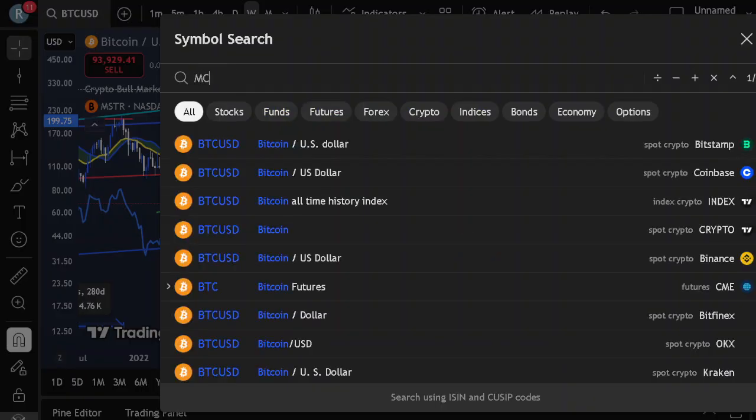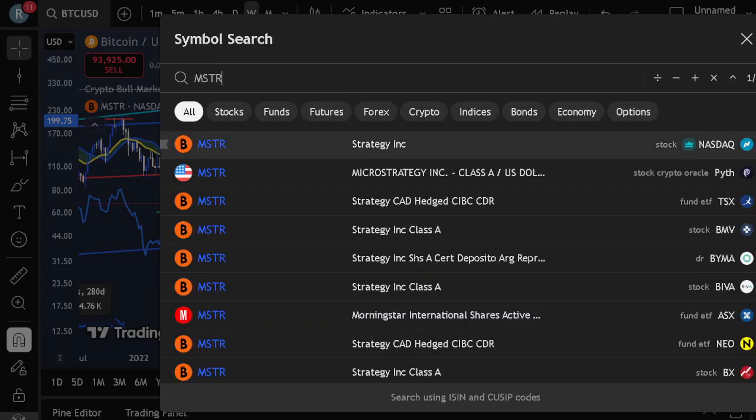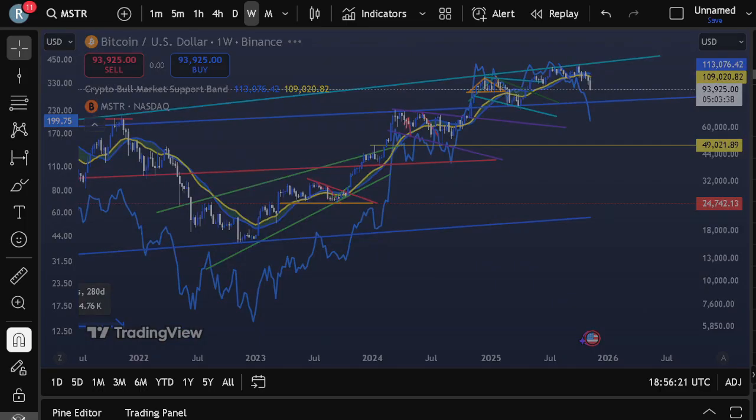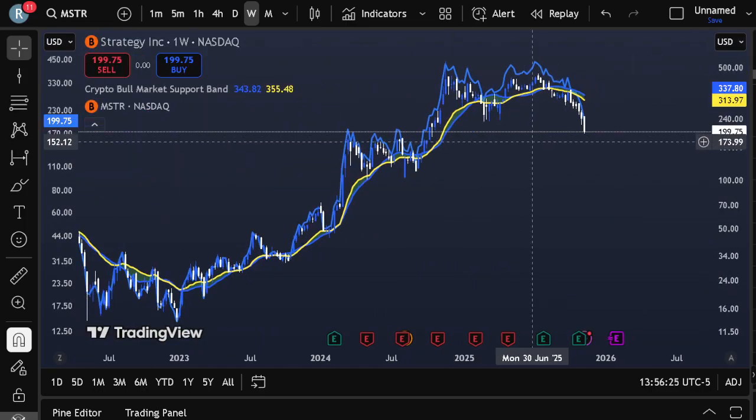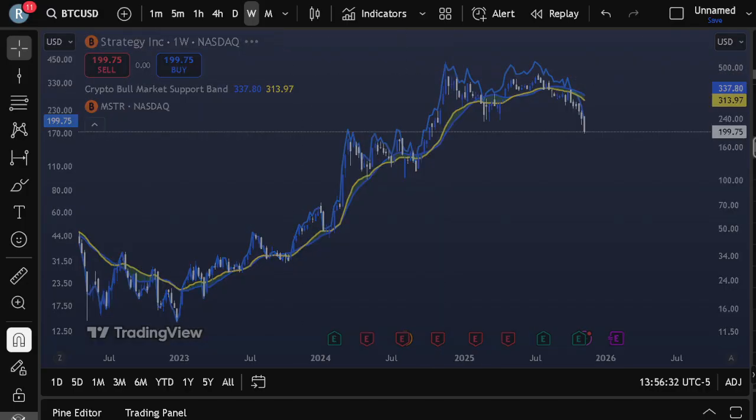yes, maybe switch to the MicroStrategy price scale for a moment to identify the exact top, but it was in November 2024.